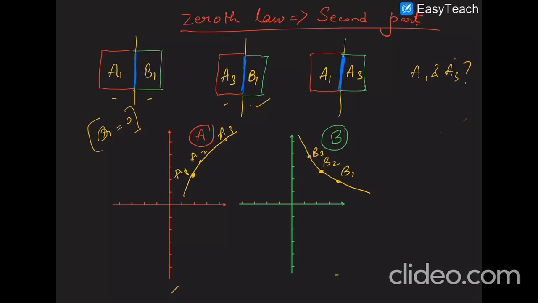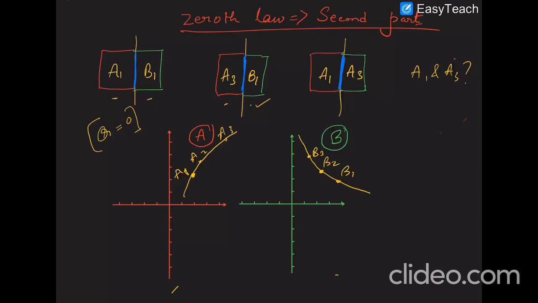Now if we try to go beyond that, we will understand that this isotherm, meaning A1, A2, A3, whatever points are there, by following the second part of the zeroth law, are actually the same isotherm. They are isothermal states.